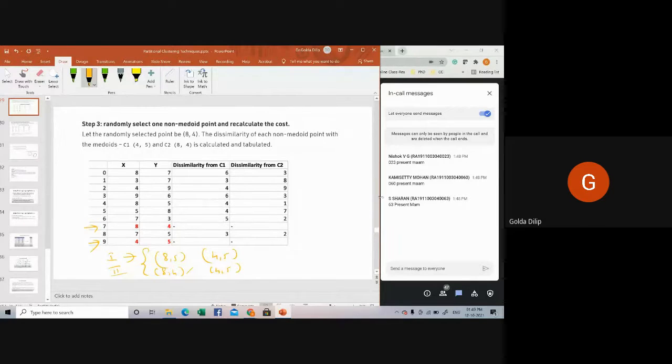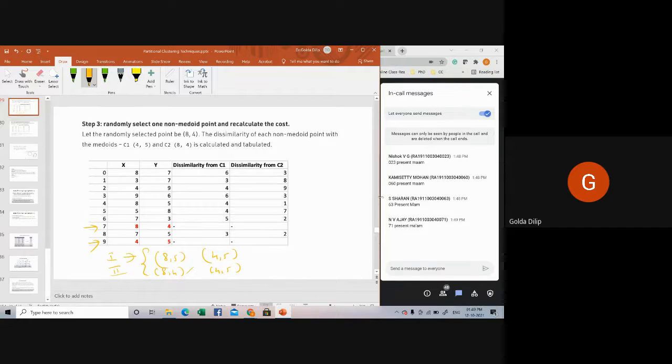Sharon is also noted. Aviral Patel, present, ma'am. Hemavartini, present, ma'am. Ajay, chat box, okay, noted. Akshata Saha. Karthik Balaji, present, ma'am. Santosh Kumar, yes, ma'am. Anand Arun, 115 is absent.